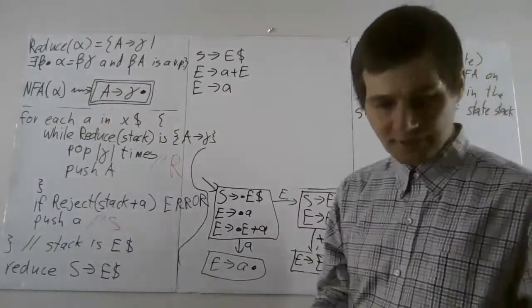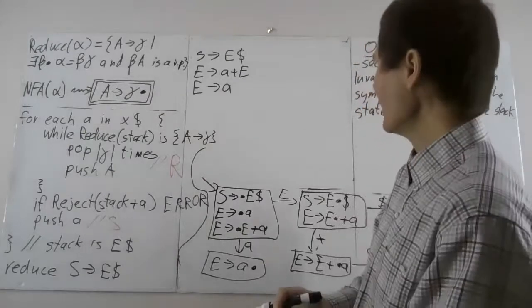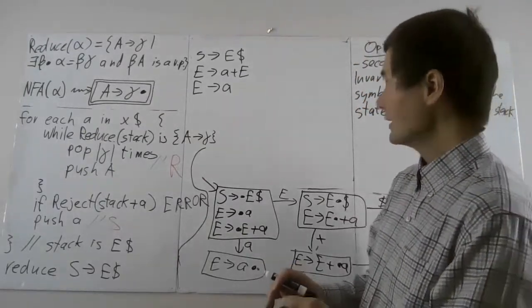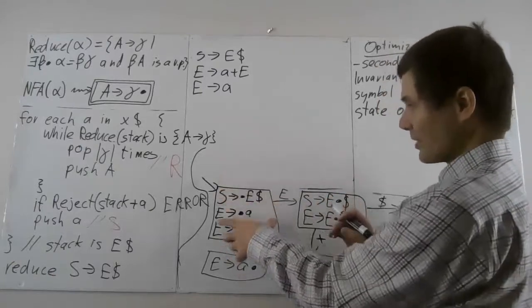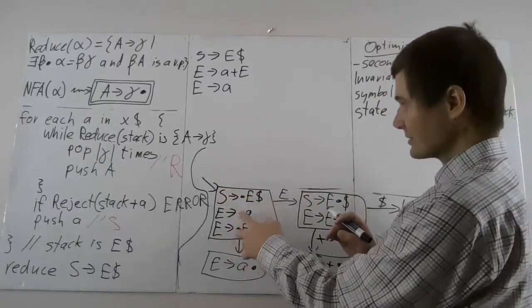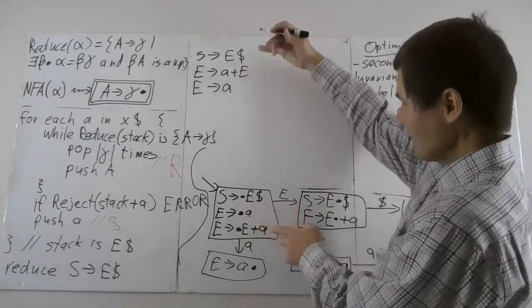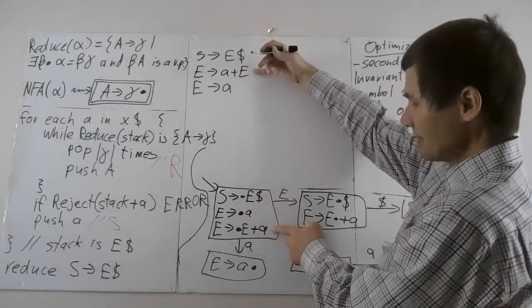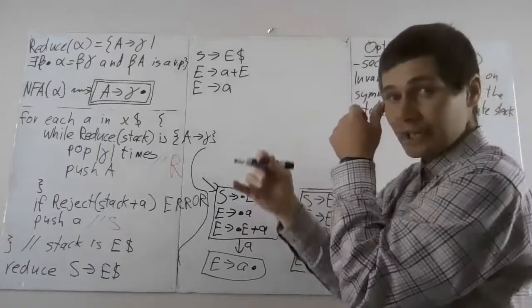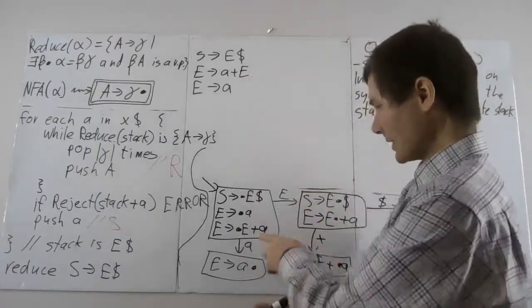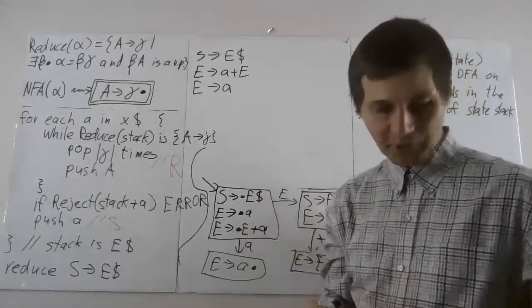This is a grammar that's similar to the one we had before. Here's the one we had before if you ignore the dots. We had the start rule, we had the A, and then we had this one. The only difference is that this grammar is right associative: the E is on the right of the plus, whereas before it was on the left of the plus.